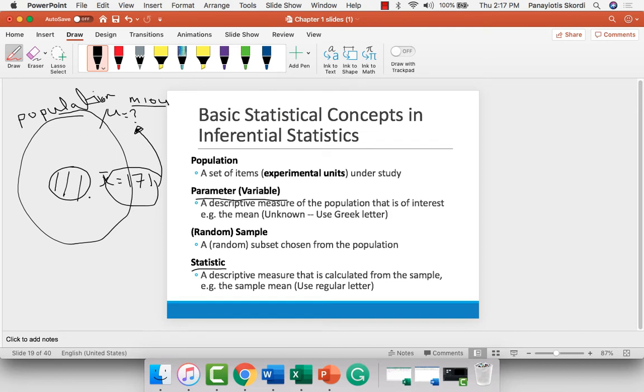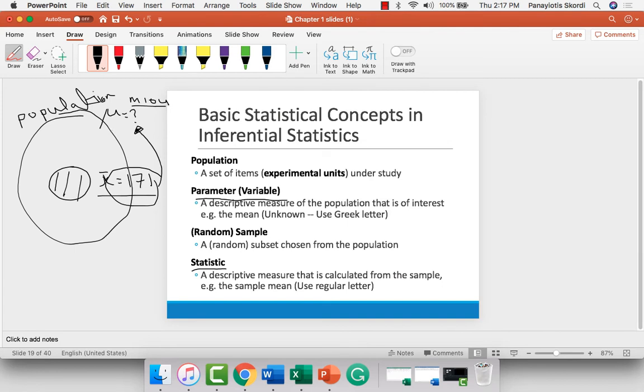I don't have access to all the population data, so I find a representative sample, find that same value, in this case average height, but for the sample, and use that as an estimate for the whole population. By the way, this type of estimate is called a point estimate because it's a single value that I'm using to estimate the real population figure.